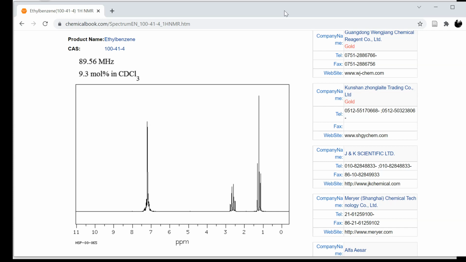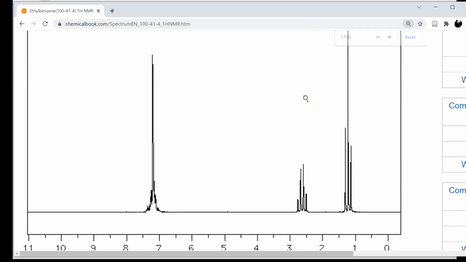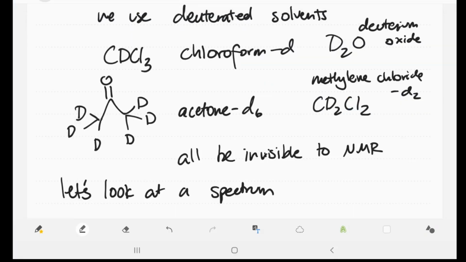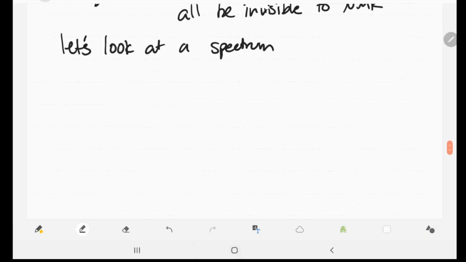And so, what the heck does all this mean? What is all this stuff? The spectrum itself, we're going to see that we're going to get 3 bits of information out of there. And they're all going to correspond to useful bits about the sample. So, I'm going to move this over.